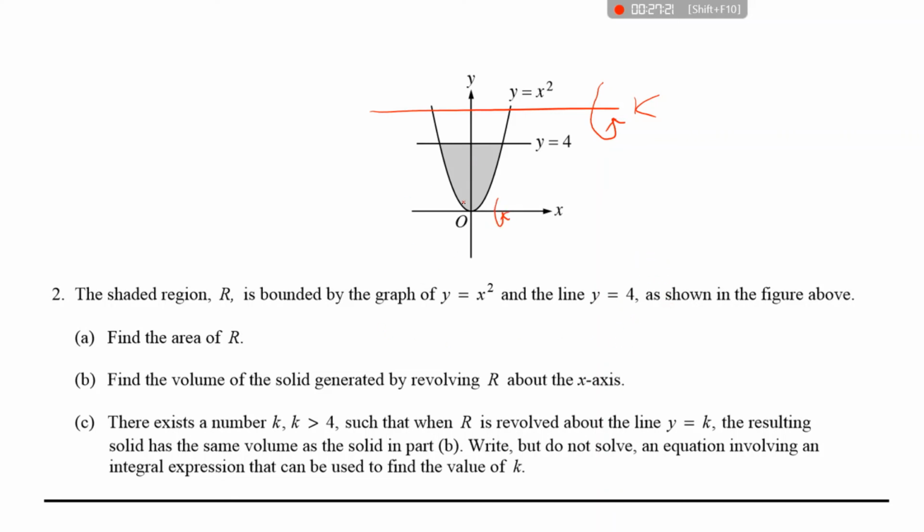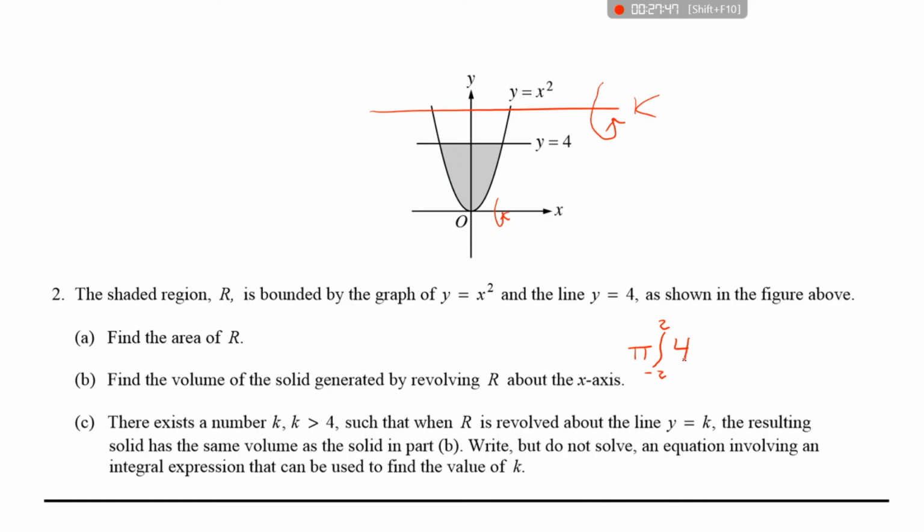So that is this method. So this would be pi times the integral from, if this is y equals 4, I'm going to hit that at x equals 2 and negative 2 of, so I've got a top function and a bottom function.